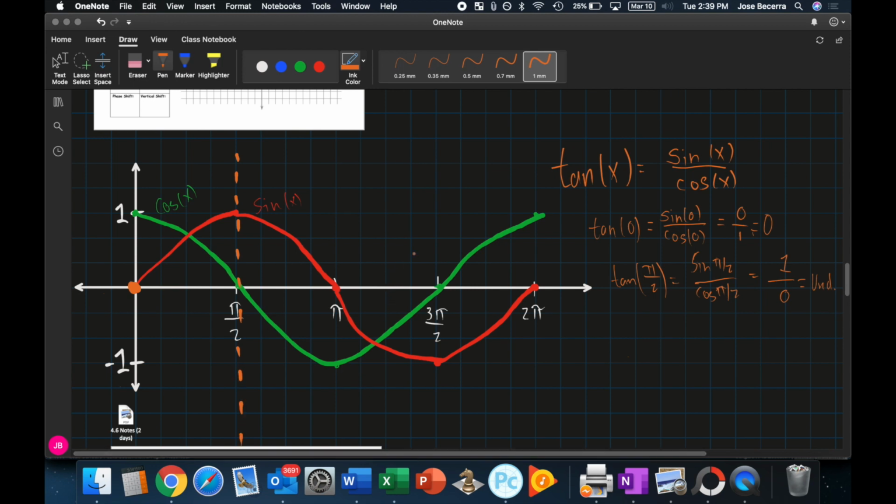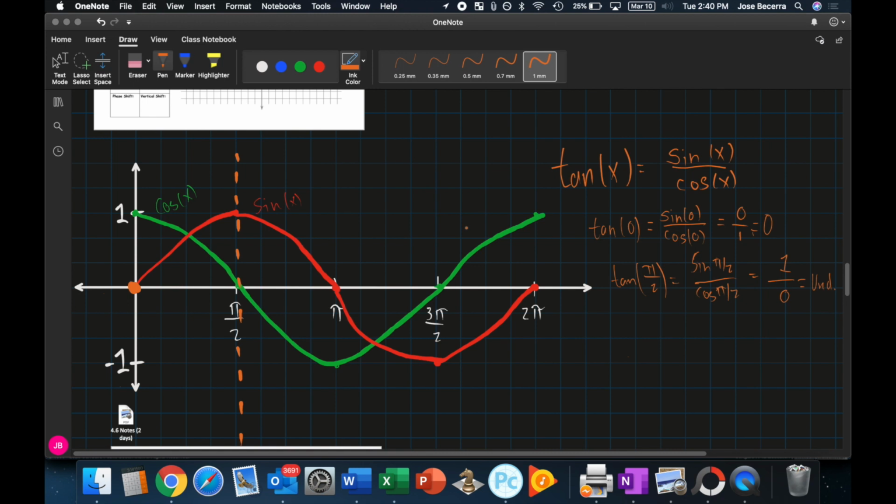And actually, anywhere that cosine is equal to 0, we're going to have to divide by 0 again, which is going to give us undefined again. And so thus, we are going to have another asymptote.